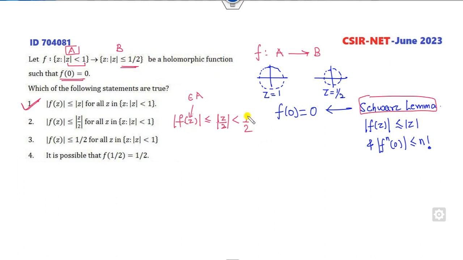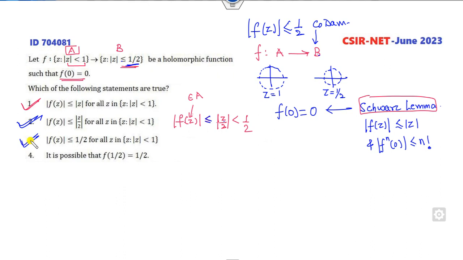So mod f of z is less than this, obviously, because this is my codomain. What is the meaning of that? Whatever the value of f of z is, it is always within the range of this B. That is, less than or equal to half. So you can see this is less than or equal to half, which is the right answer of the problem.